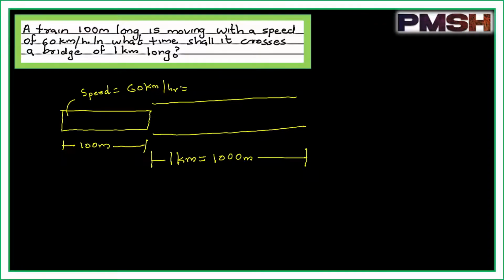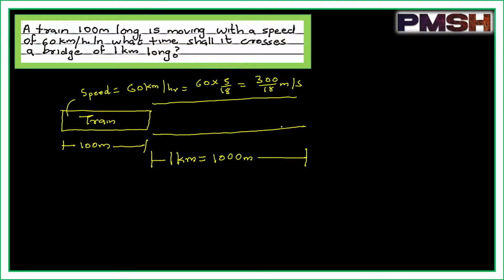This can be converted to meter per second by multiplying 60 with 5 by 18, right? So 60 into 5 by 18, which is going to be 300 by 18 meter per second. Okay, that is the speed of this train. So this train wants to cross this bridge. Okay, then what time will it take?